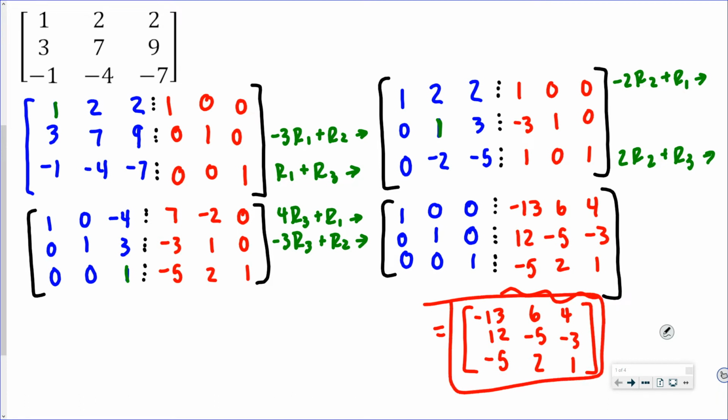Which, if this is called matrix C or something, this will be that inverse notation. How many of you guys got that right? Nice. Questions?